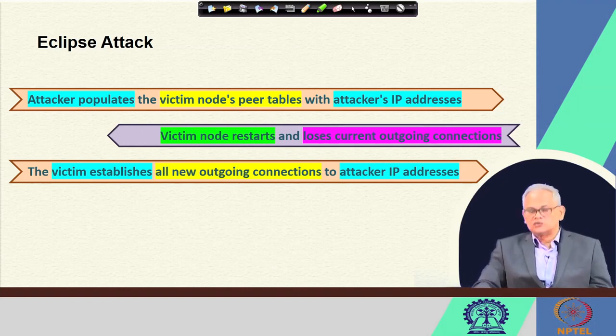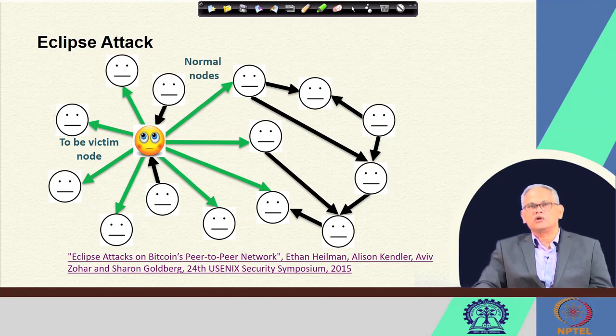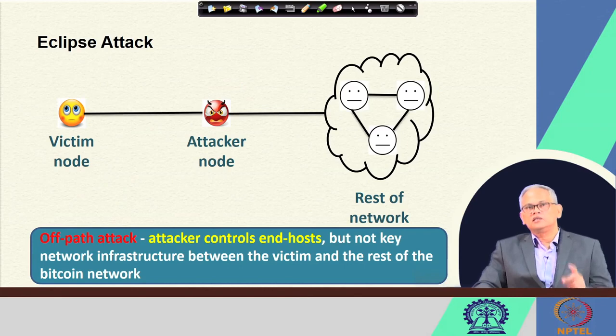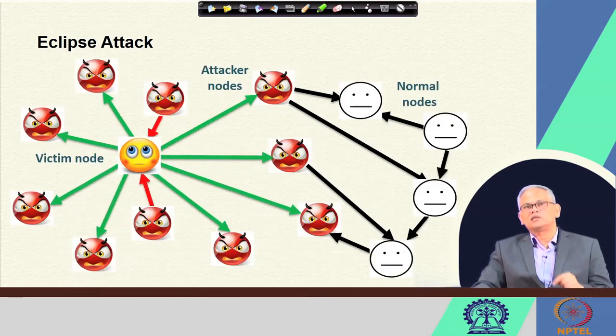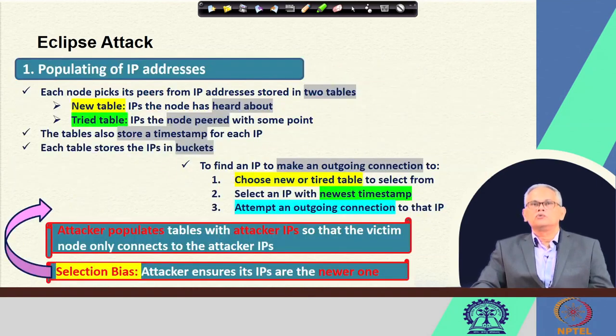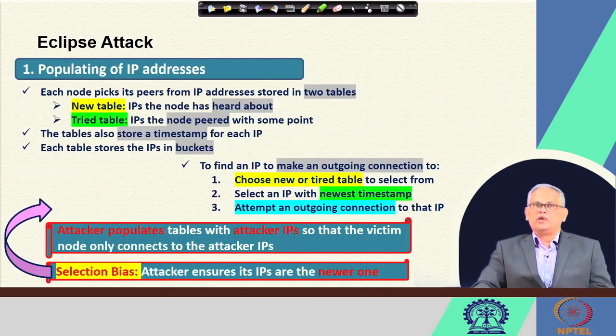As we had shown pictorially, initially it was connected with the honest or normal nodes, then the attacker slowly takes charge, and changes or updates the list of peer nodes in that peer table with its own addresses. Finally, the victim will establish all the new outgoing connections to the attacker's IP addresses.